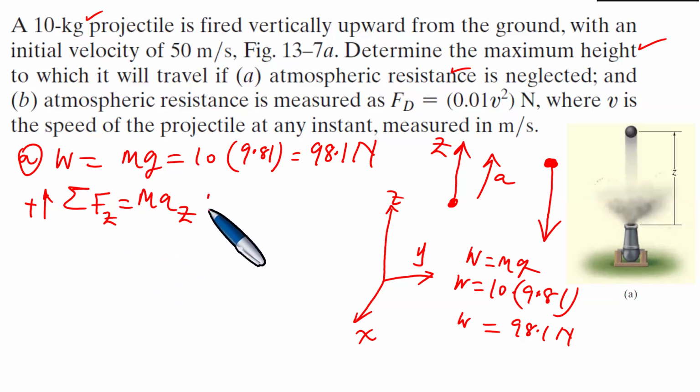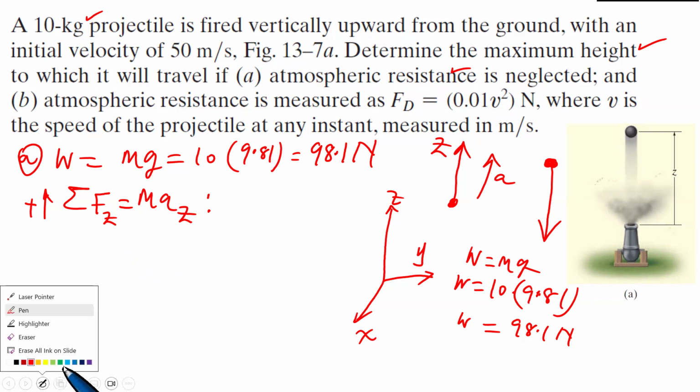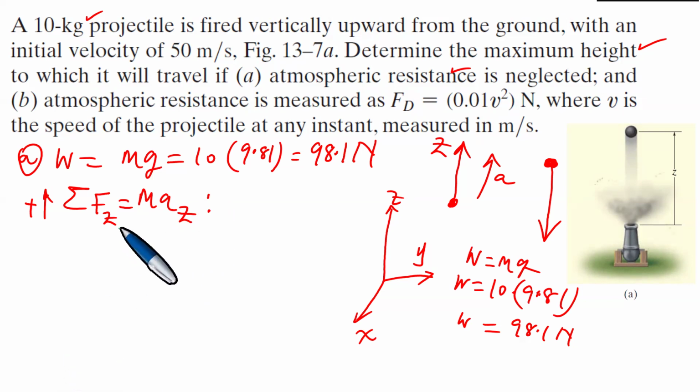So now, if this is true, then we're able to say 10a would be minus 98.1.